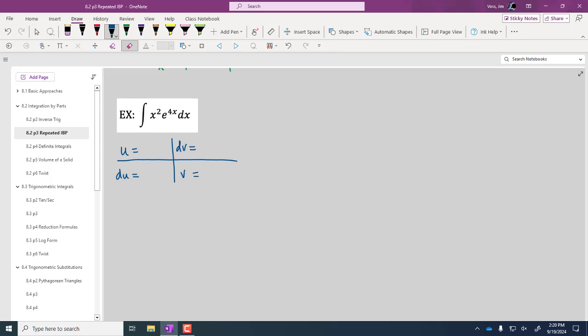So hopefully as you're setting up your integration by parts, you're sort of thinking to yourself, the x squared, if you differentiate it, that power is going down. With the exponential, regardless of whether you put it with the u or the dv, it's going to just sort of stay the same. Like the derivative and the integral of e to the x is e to the x. So the only way this will work is if you put the x's with the u.